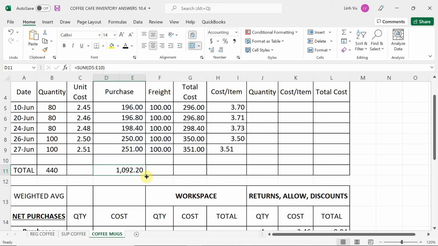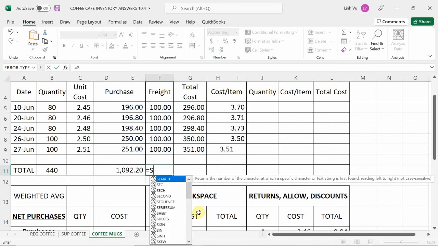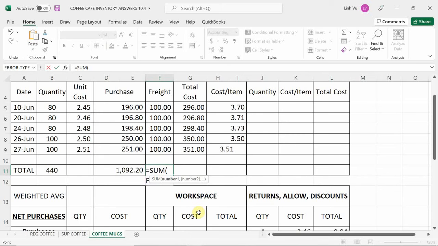1,092.20. Good. And then we have our total freight. Okay, and then we have our total freight to be 500.